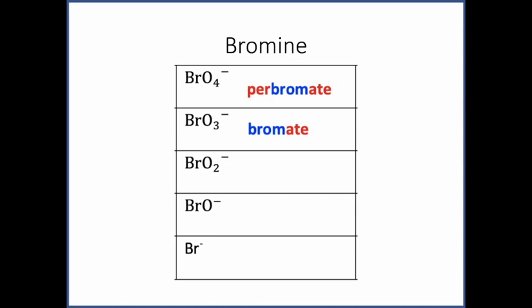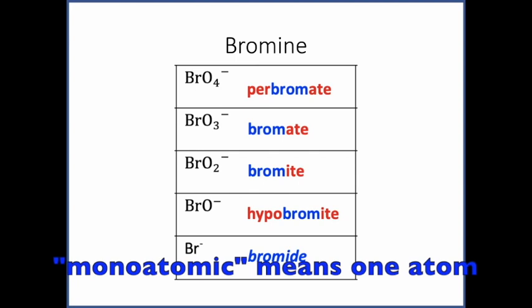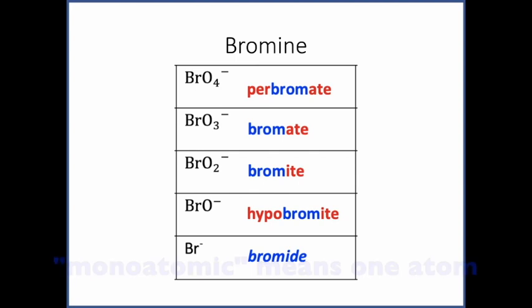If there are 2 oxygens, it's called bromite, with the suffix "ite." And 1 oxygen is called hypobromite. Hypo means less than. If there are no oxygens, the suffix is "ide." Again, this is a monoatomic ion, but it's in the table as a memory aid.